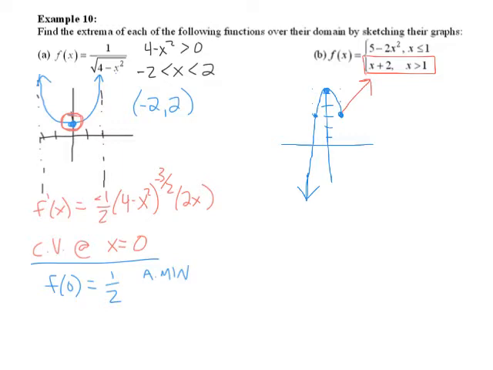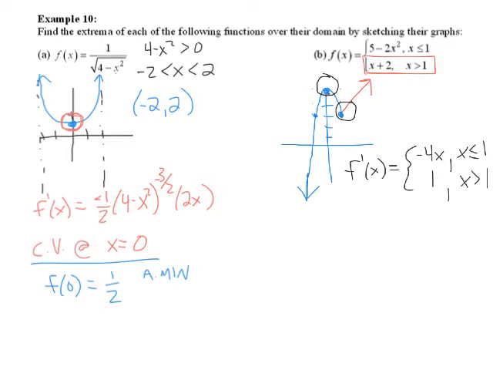So from this, it looks like we have some local extrema going on there and there. It looks like we have a local max and a local minimum. So we can run this by taking the derivative. f prime of x is going to be -4x if x is less than or equal to 1, and 1 if x is greater than 1.